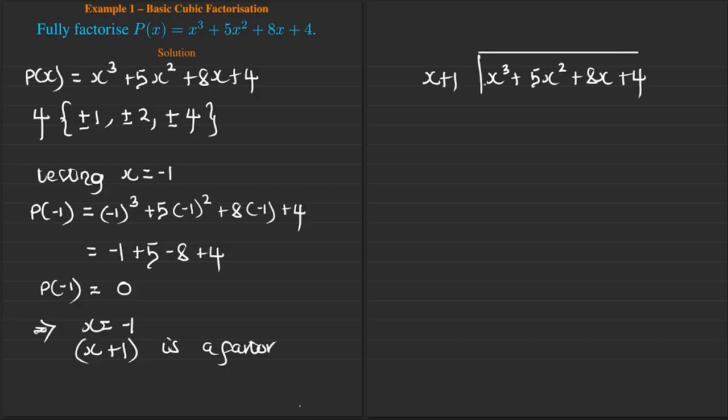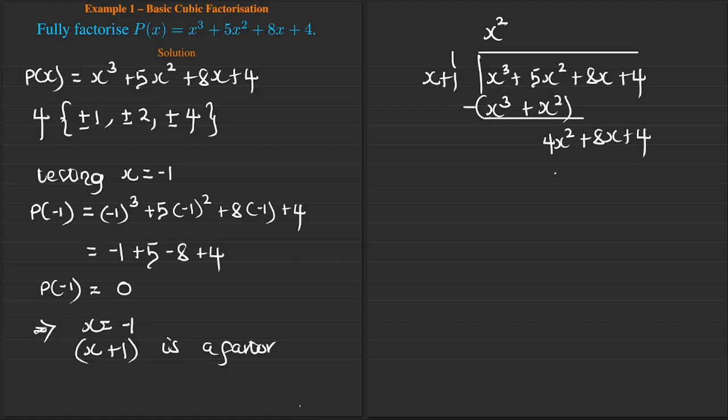In the polynomial long division we did in our previous lessons, x divides x cubed to give us x squared. x times x squared gives us x to the power 3. Then 1 times x squared gives us x squared. If we subtract, we have 5x squared minus x squared, which gives us 4x squared. So we have 4x squared plus 8x plus 4.